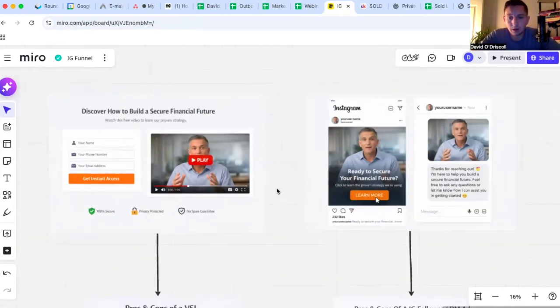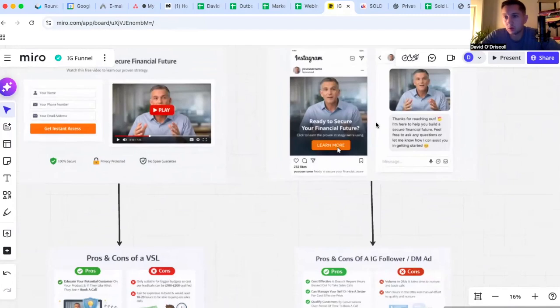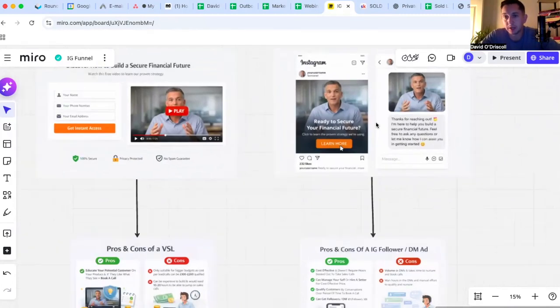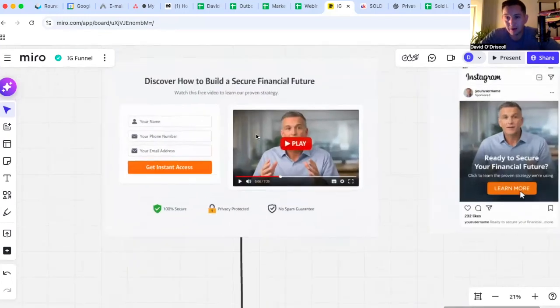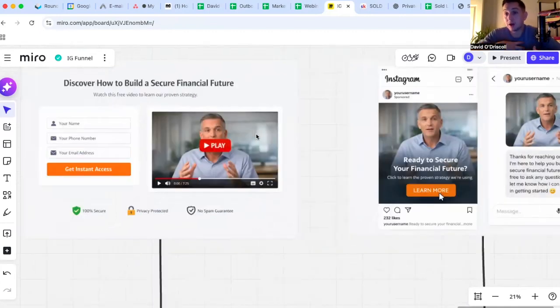But my advice is always start off with a simple follower campaign, a simple DM campaign, if you're a personalized business, service-based business, even a local agency, because you will get conversations. It's a lot more light-hearted, whereas pushing people straight into a call from a cold ad is very, very difficult nowadays. So that's my advice.